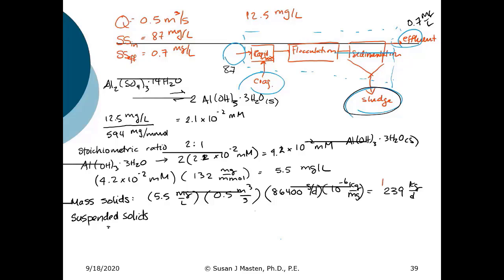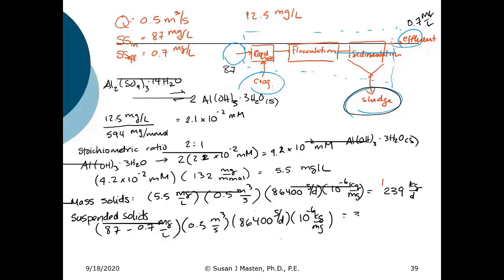So we have 87 minus 0.7 milligrams per liter. Again, we have 0.5 cubic meters per second. There are still 86,400 seconds in a day, and there are still 10 to the minus 6 kilograms per milligram, and this is 3,728 kilograms per day.